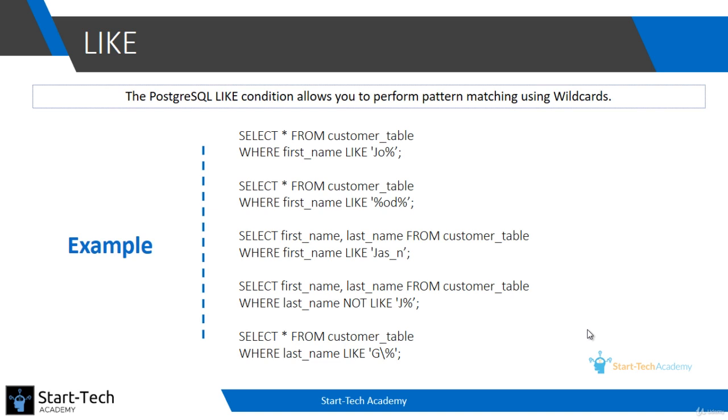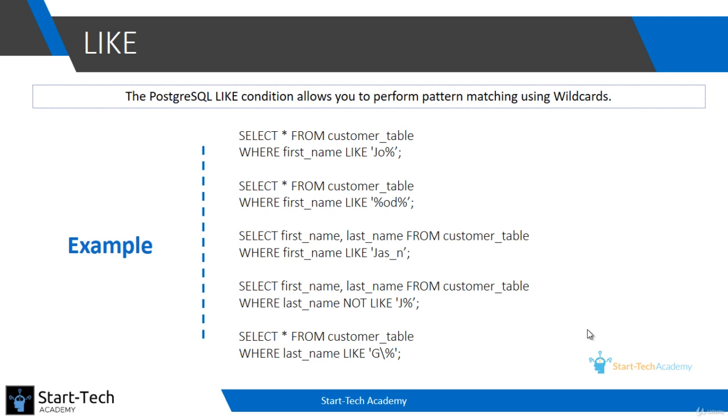Suppose we want to find all the customers where the first name starts with characters J and O. We will write SELECT * FROM customer WHERE first_name LIKE 'JO%'.